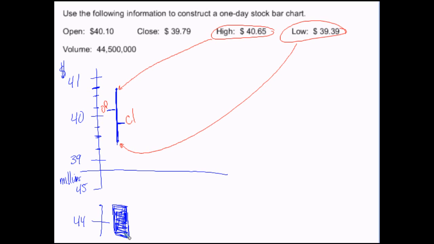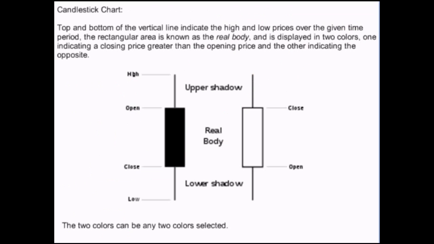Alright, so we have the stock bar chart, and then we have another kind of chart that's called a candlestick chart. It's called a candlestick chart because it looks like a candlestick. They're very creative. They'll indicate them with two different colors, kind of like Bank of America had yellow and red and green.